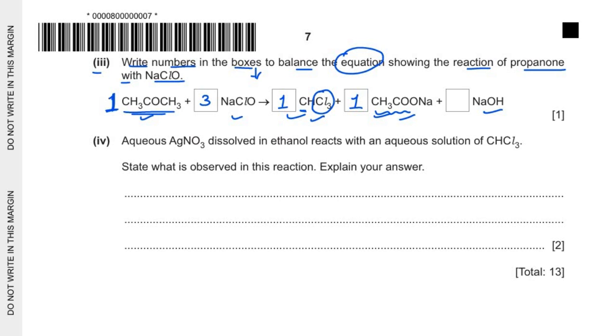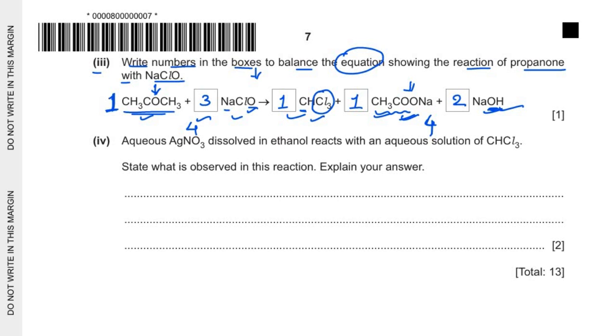Now what is left is sodium and oxygen, which is 3 on the reactant side. So here we have already 1 sodium, so we can balance the remaining 2 sodium by adding 2 with NaOH. Okay, oxygen here is 3, so 2 oxygen here and 2 oxygen here, 4, and we know there is 1 more oxygen on the reactant side, so the total reactant side has 4 oxygen and the product side also has 4 oxygen.